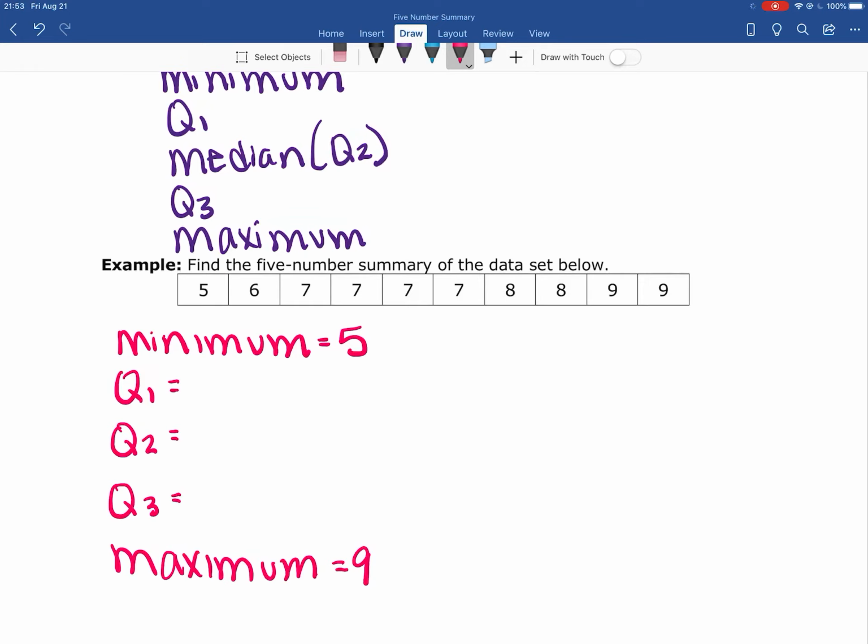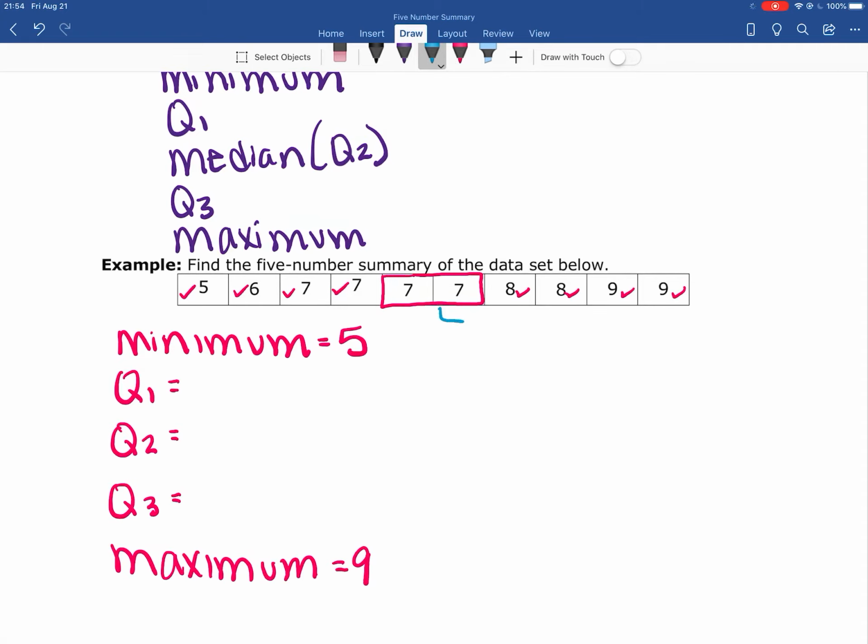So I'm going to look at how many data values I have. 1, 2, 3, 4, 5, 6, 7, 8, 9, 10. I'm going to find my median, and because I have 10 data values, I know that the median is going to be the average of the middle 2 numbers. So I'm going to go ahead and cross 1 from each side until I'm left with the 2 middle numbers.